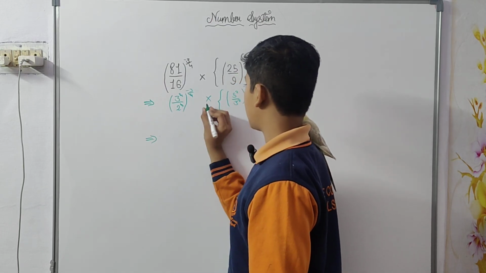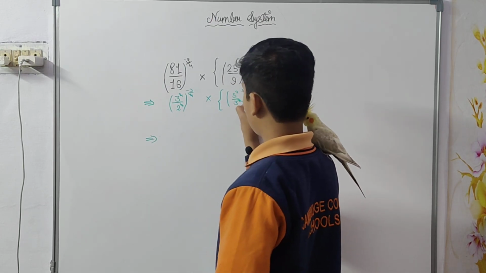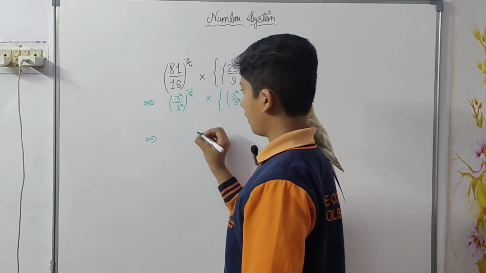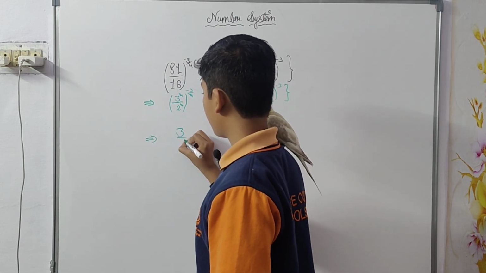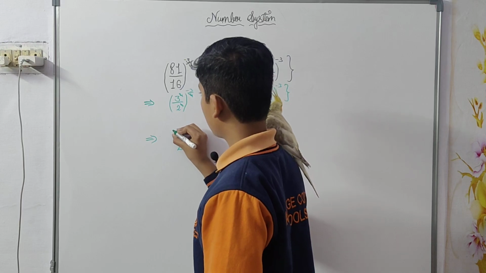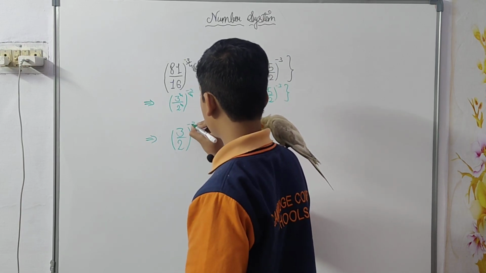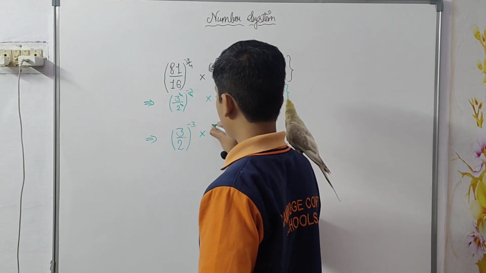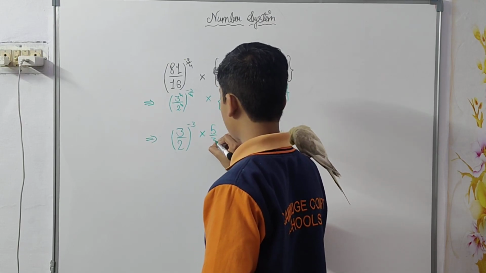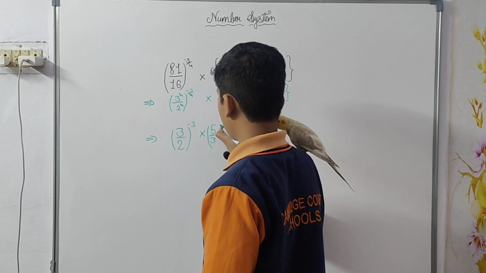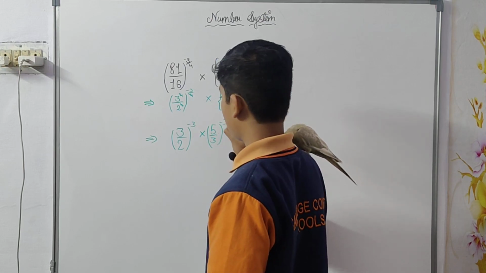No, firstly we will multiply both of these. And this square will be cut by this. Now, 3 by 2 whole power minus 3 into 5 by 3 whole power minus 3.